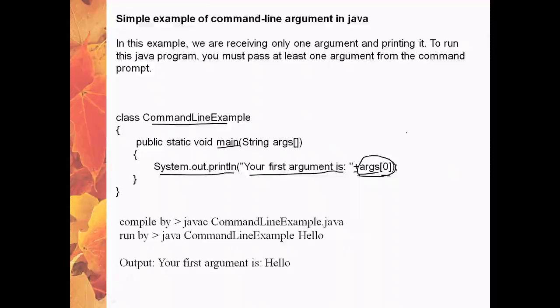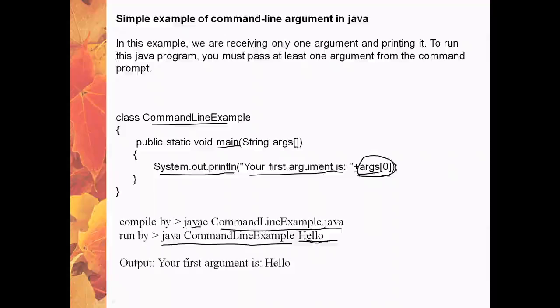The command line arguments, as I've said, are passed at the time of program execution. Now look here, this is the compilation of a Java program, javac CommandLineExample.java. Then here we are executing the Java program. So the command for execution is java space file name, that is CommandLineExample, and after the file name, if you look here, what we have passed is hello.